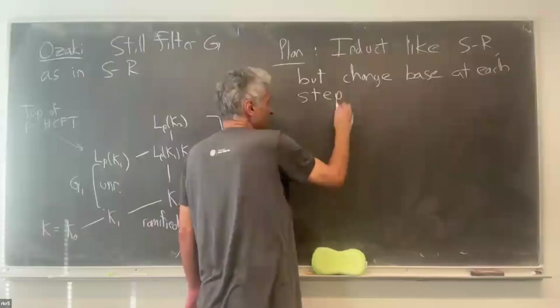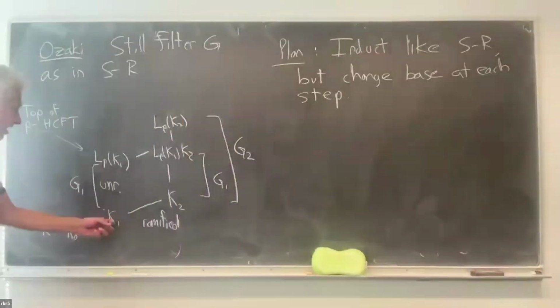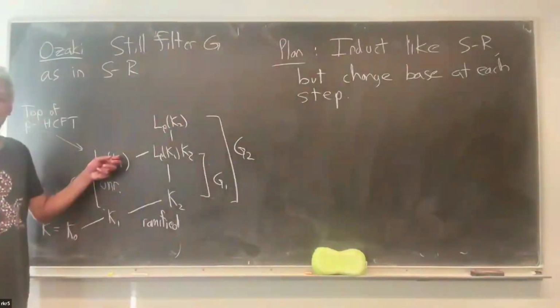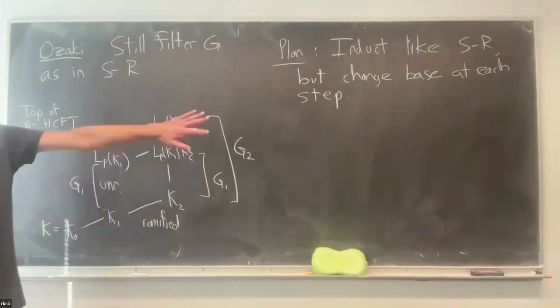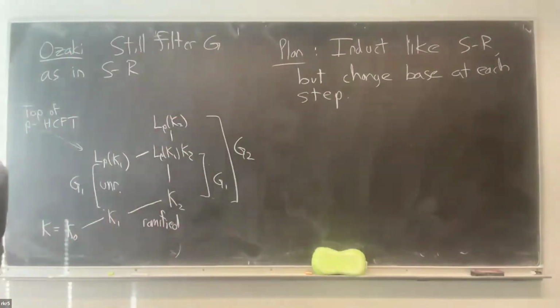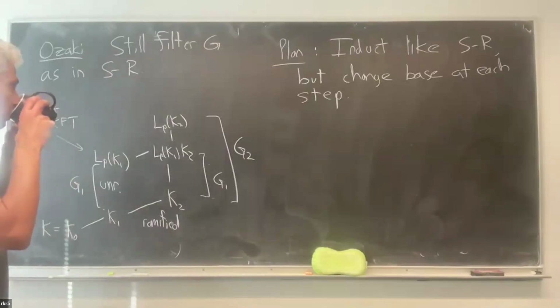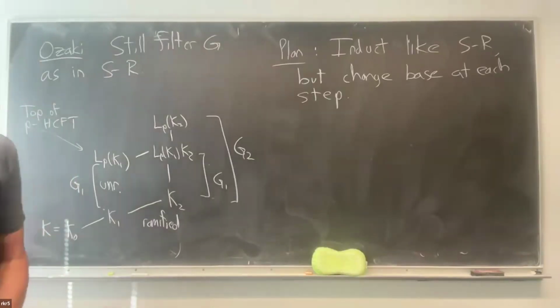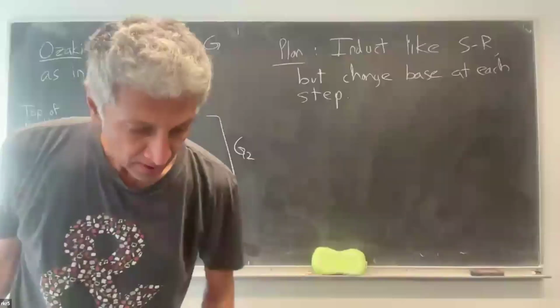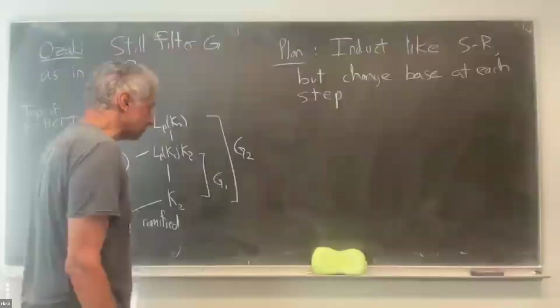The base case of the induction is actually not hard. You just have to get a K1 where the class number is exactly divisible by P, and that was that exercise I talked about at the beginning. That's not a problem. But it's the inductive step that takes some work.